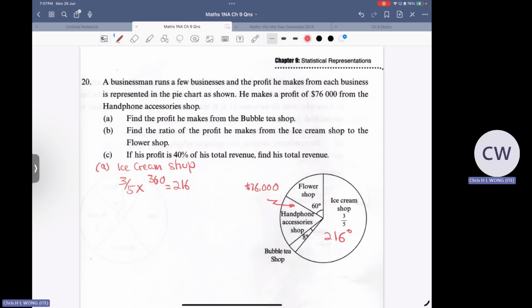All I need to do is to find out how many degrees is the handphone accessory shop, so I can relate to the bubble tea shop already.